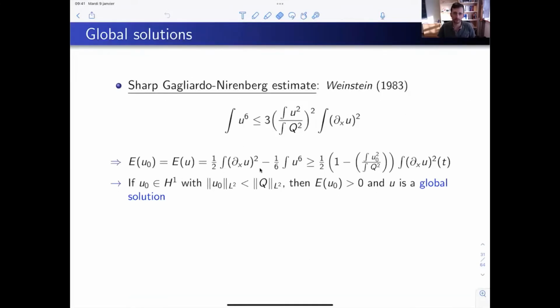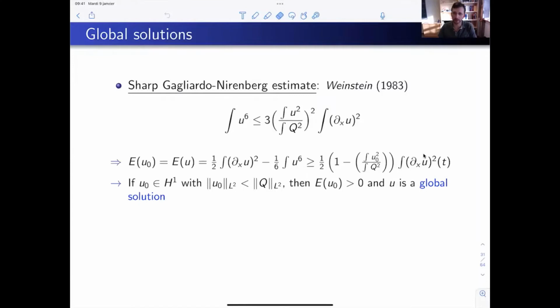Then this is easy. If you choose an initial data in H1 with L2 norm strictly smaller than the one of Q, this will be strictly positive. So you can deduce two things. First, the energy of u naught is strictly positive, and the energy of u is strictly positive for any time.